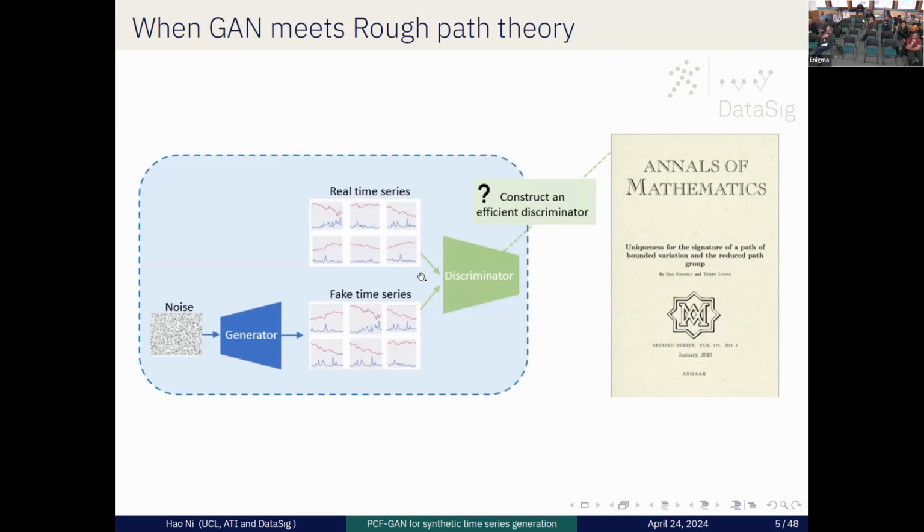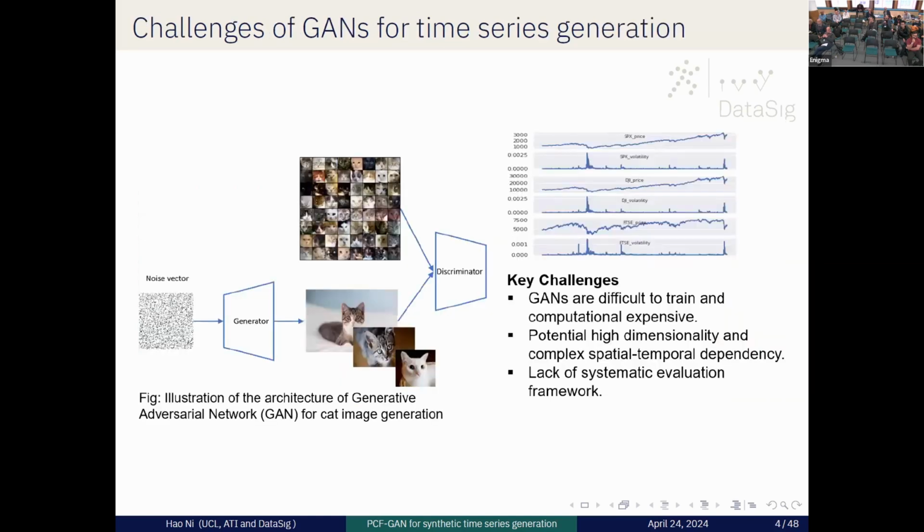For people who don't know much about rough paths before, let me quickly give a very brief introduction. Rough path theory can be viewed as a generalization of controlled differential equations driven by a very rough signal, even rougher than a semimartingale.